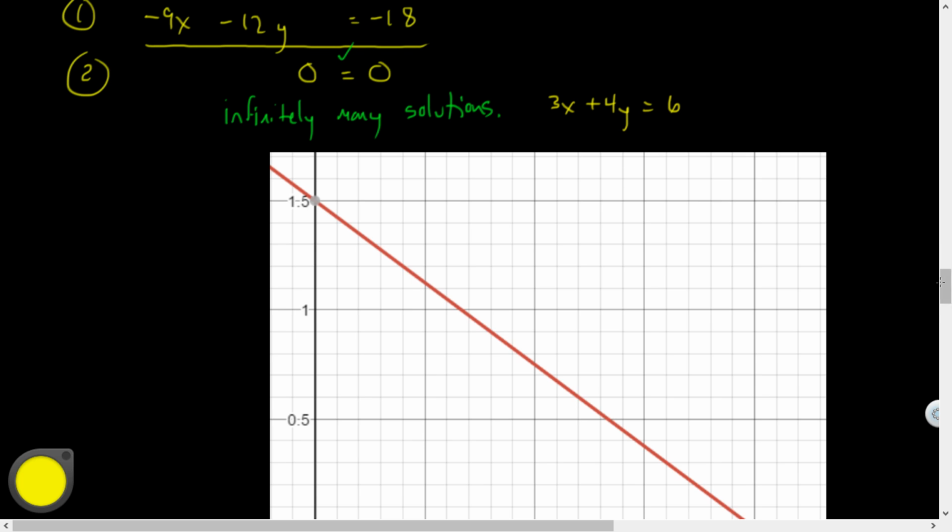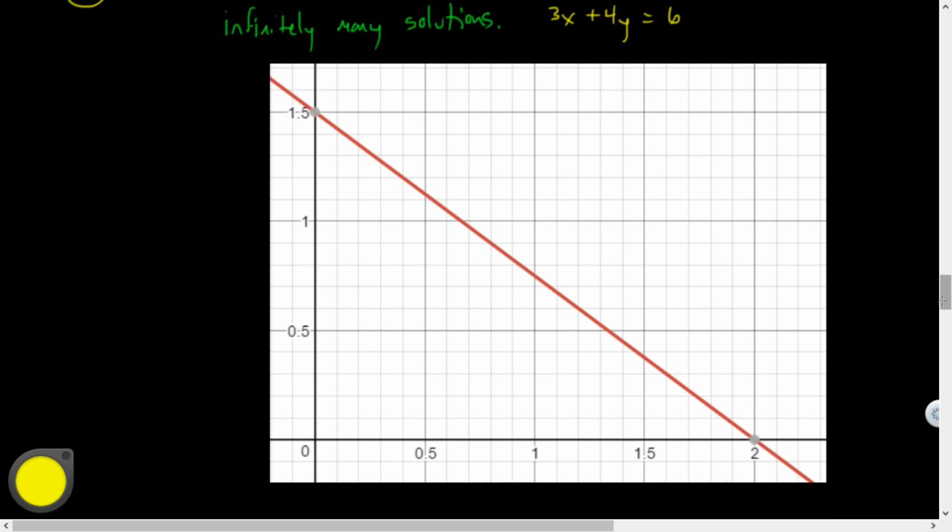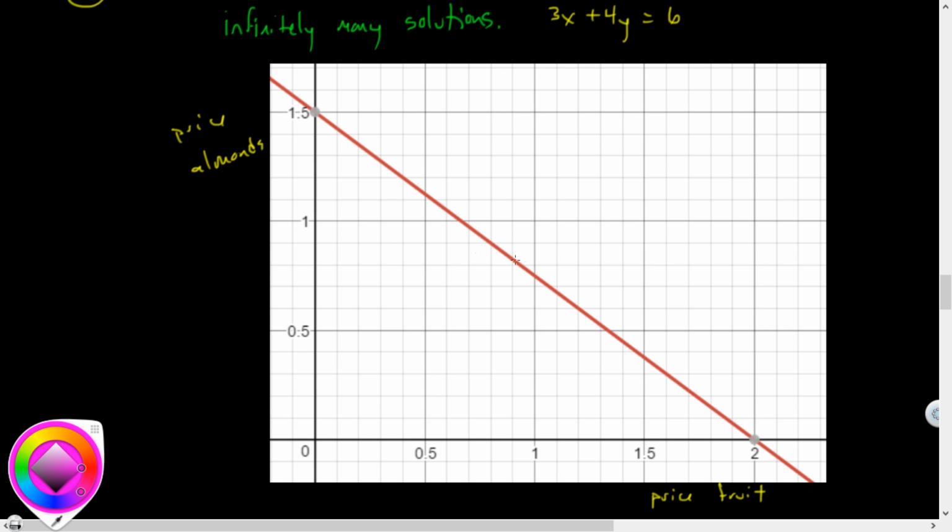All right, so in our graph, x was the price for fruit, and y was the price for almonds. So let's just consider a couple of these possible solutions.